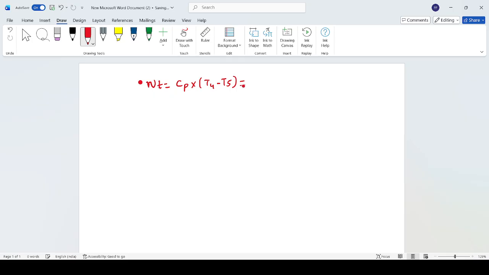I know the Cp, that is 1.005 kilojoule per kg Kelvin, temperature T4 as 873 and temperature T5 as 672.98. These were the values that I have evaluated in the previous part.